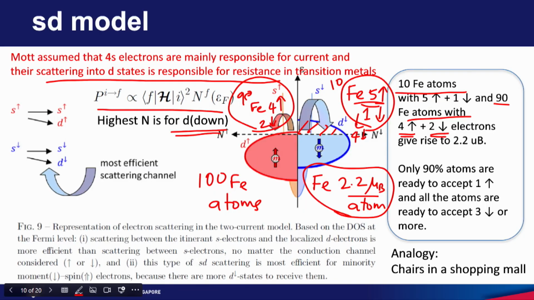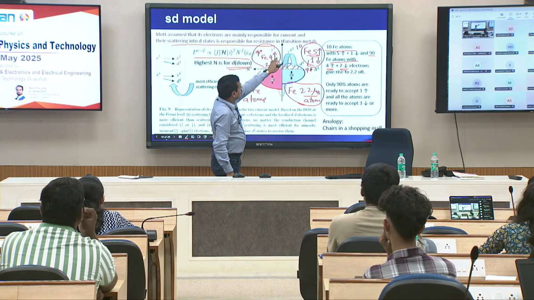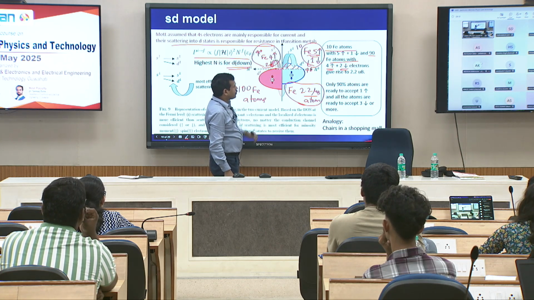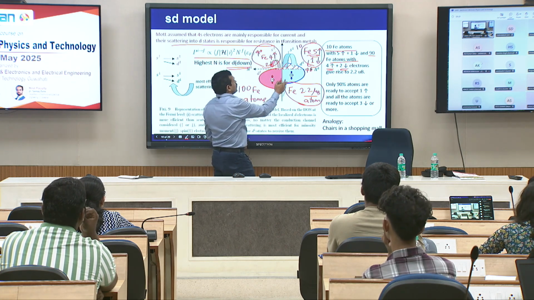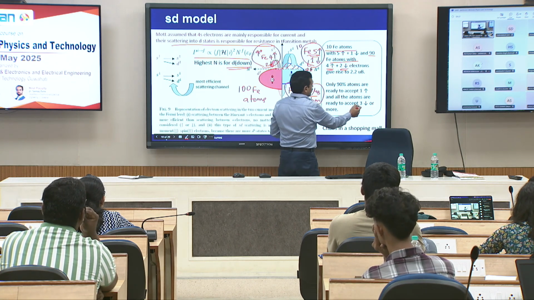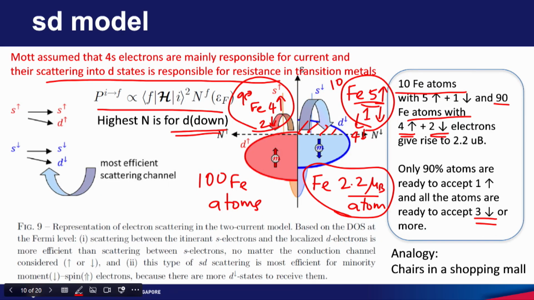The remaining 90 can accept 1 spin up electron or maybe 3 spin down electrons. So, if you look at all these atoms, we can notice that all of them can accept more spin down electrons. That is what this picture conveys.